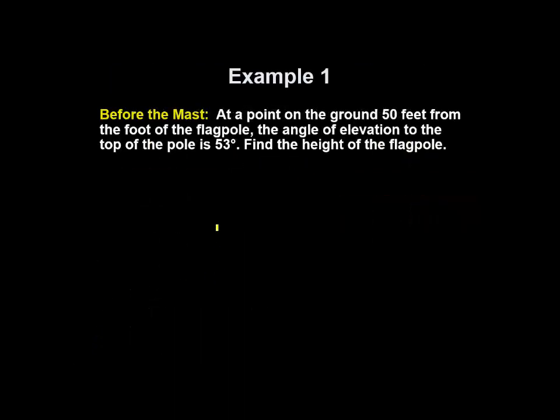Okay, all right, so example 1. At a point on the ground, 50 feet from the foot of the flagpole, the angle of elevation to the top of the pole is 53 degrees. So I have a flagpole, and 50 feet from that flagpole is the angle where my angle of elevation starts. So let me get us some pictures here.